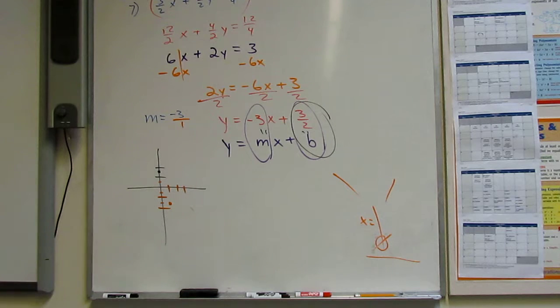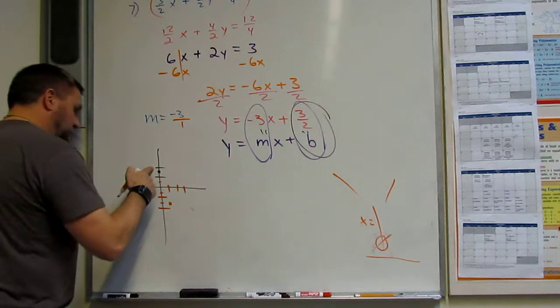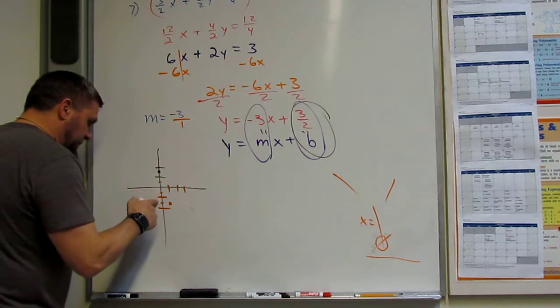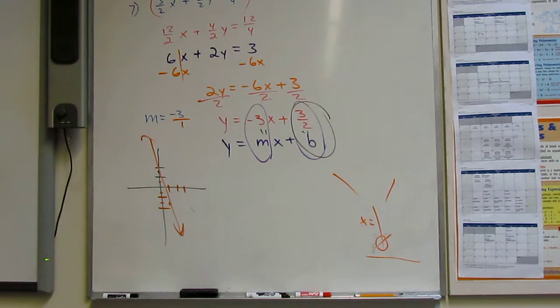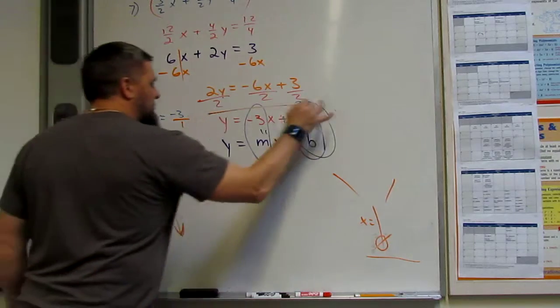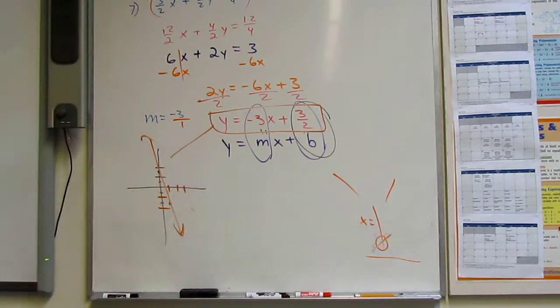That's right. Okay. So I go down 3. 1, 2, 3, go over 1. And that's my graph. So I have my equation, I have my graph, and I'm done. Problem 7. Solved.